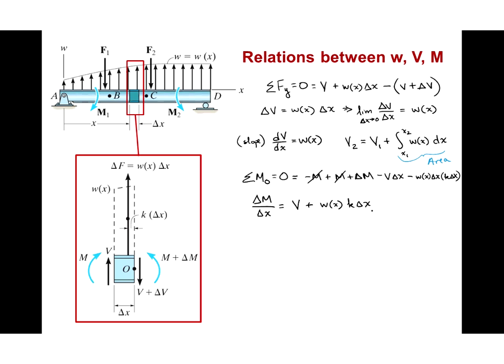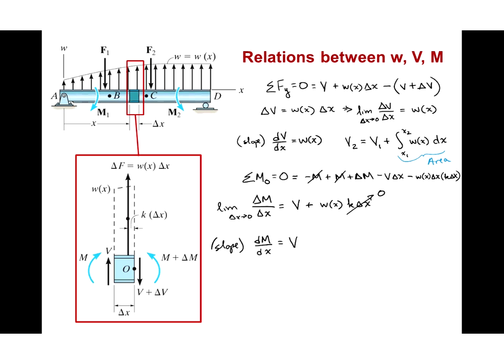And finally, we want to take the limit as delta x goes to 0. And so the left-hand side, again, is the definition of a derivative, so that just says dM/dx is equal to, and then the right-hand side, as delta x goes to 0, the second term becomes infinitesimally small. In other words, that goes to 0, and so we're just left with V.